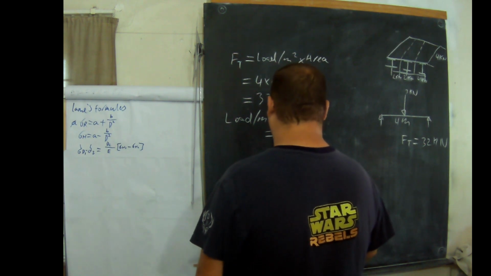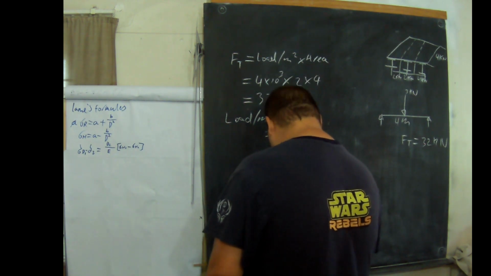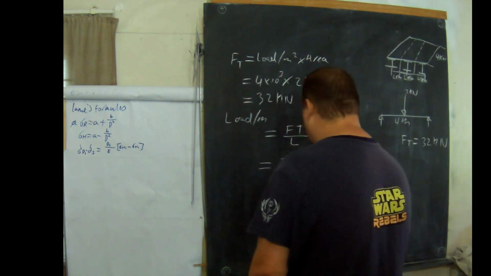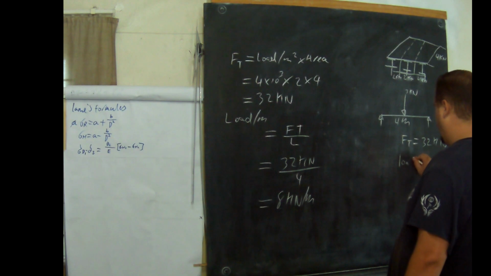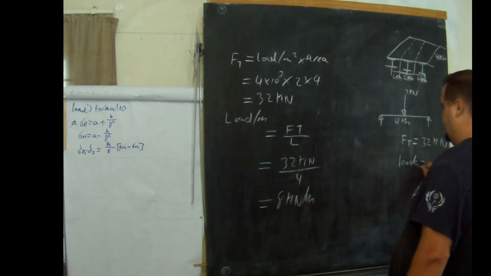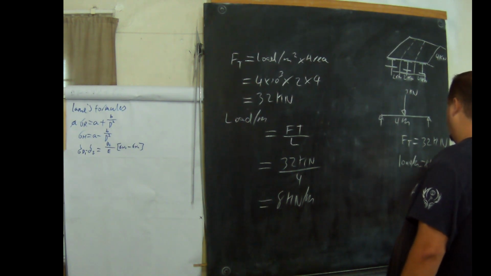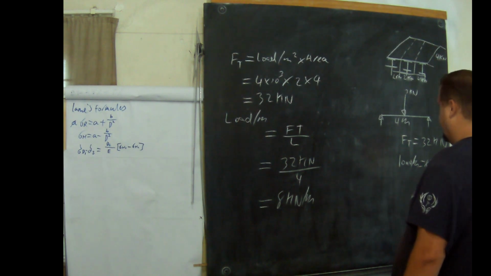So 32 divided by 4 is 8. 8 kilonewton per meter. Now, load per meter equals 8 kilonewton per meter.